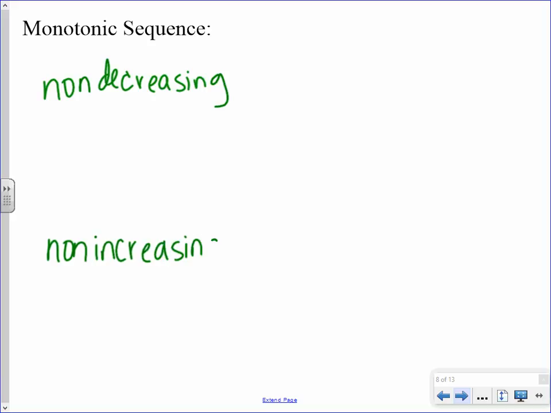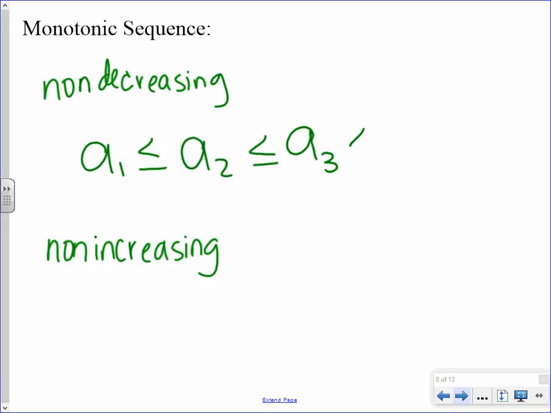There's a whole name that sounds kind of strange. A non-decreasing sequence would look like this. It would be a flat line looking at it graphically.